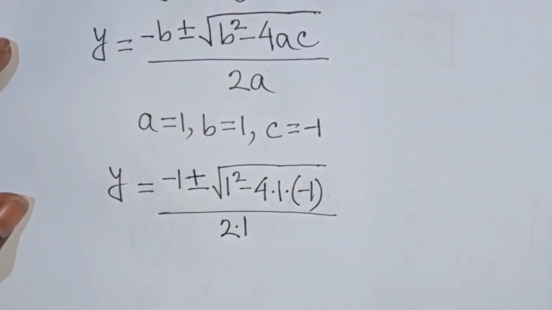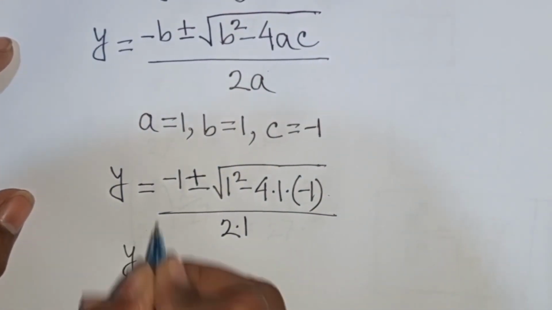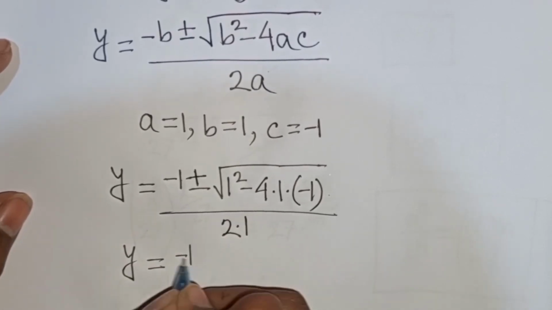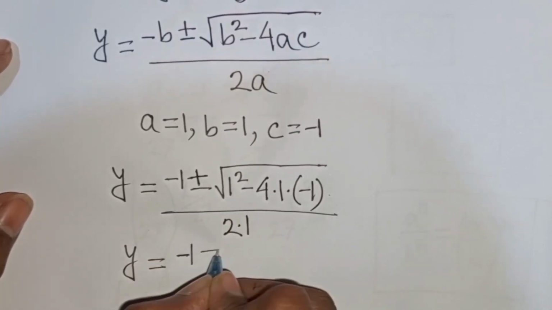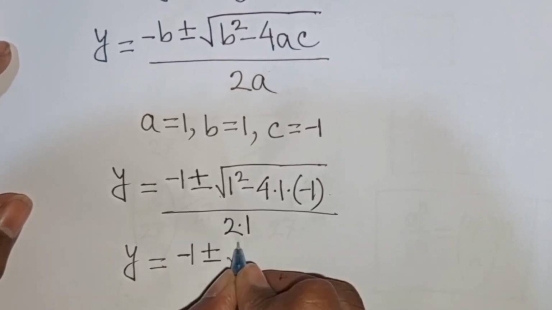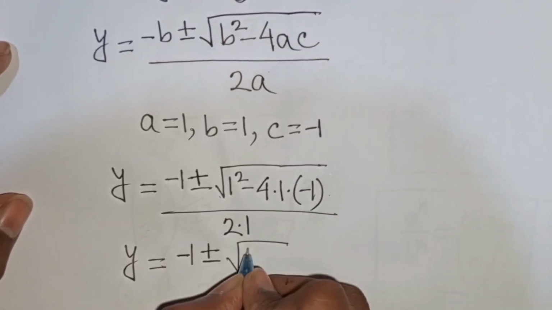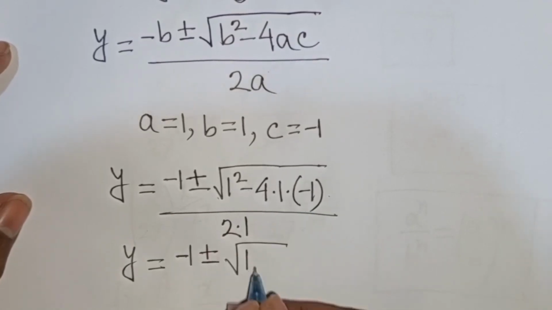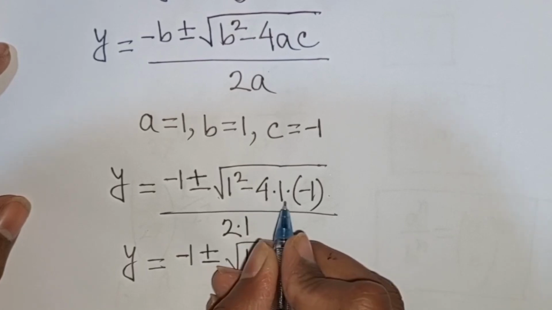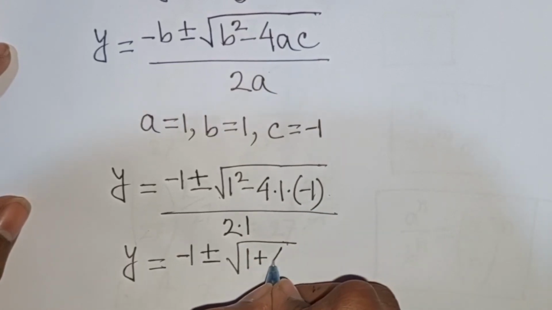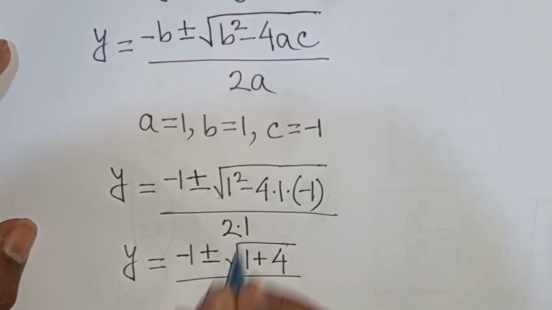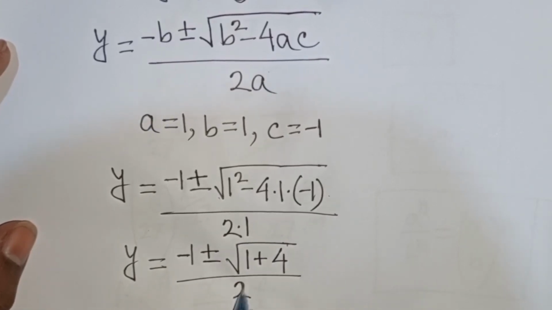Now we can write here y is equal to minus 1 plus or minus a square root of 1 square is the same as 1, then minus times minus, that means it will be plus, then 4 times 1 times 1, that means it will be 4, then divided by 2 times 1, that means 2.